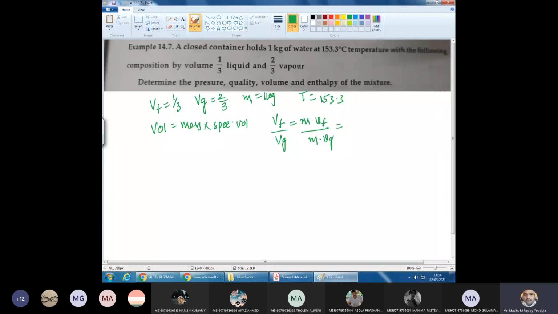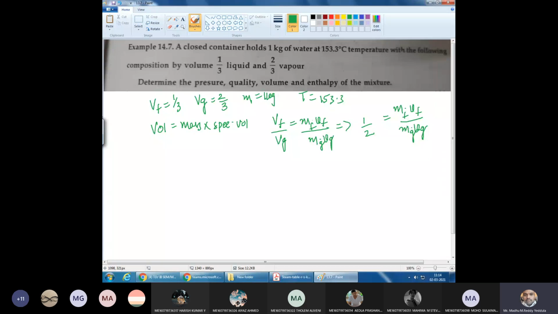Both are same, which implies Vf by Vg, 1/3 by 2/3, is equal to 1/2, which is equal to mf into vf by mg into vg. This m is nothing but fluid, this m is nothing but gas.